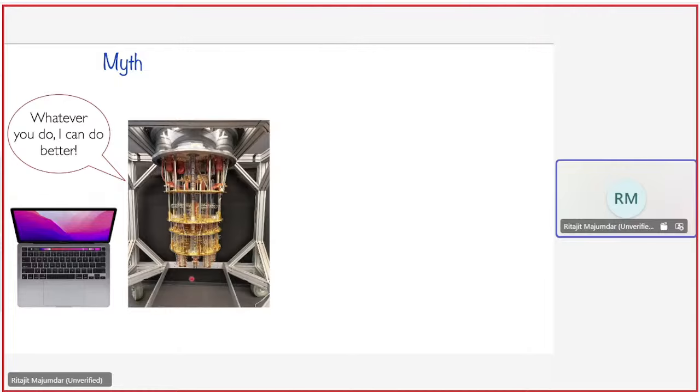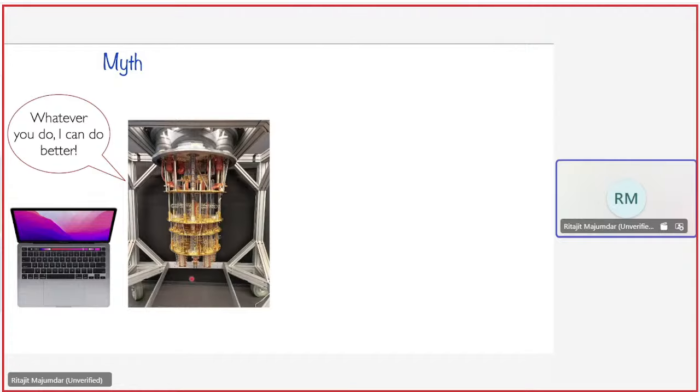Whenever you think of quantum computing, I don't know whether you saw this, but just a few years back, during COVID, there was someone, I forgot the name, and it was not just some random guy. It was someone from a renowned industry who claimed that if we had a full-fledged quantum computer today, COVID wouldn't have happened.